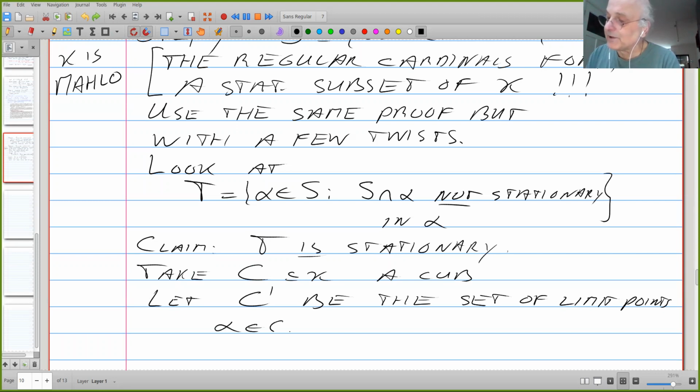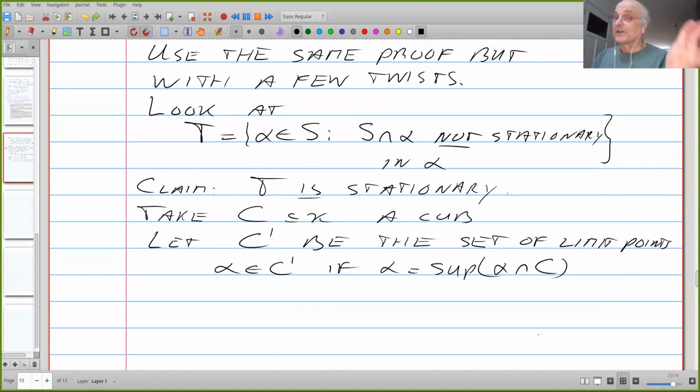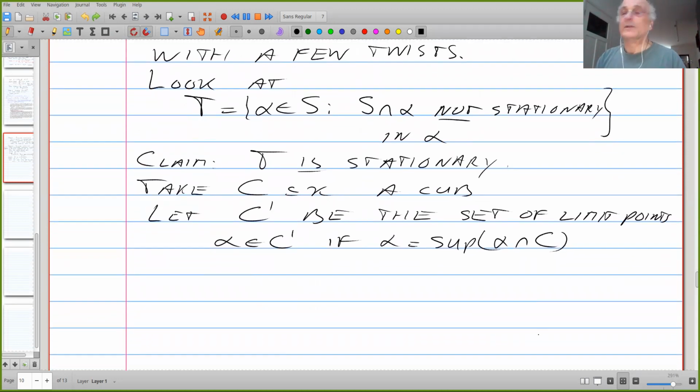Well, alpha is in C prime if alpha is the supremum of alpha intersect C. That is what it means to be a limit point of the set. And that's exactly what happens in the topology. All the basic neighborhoods of alpha intersect C, and that means that alpha is a limit point of the set.